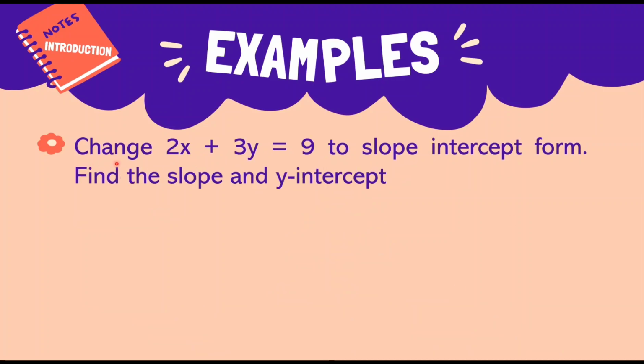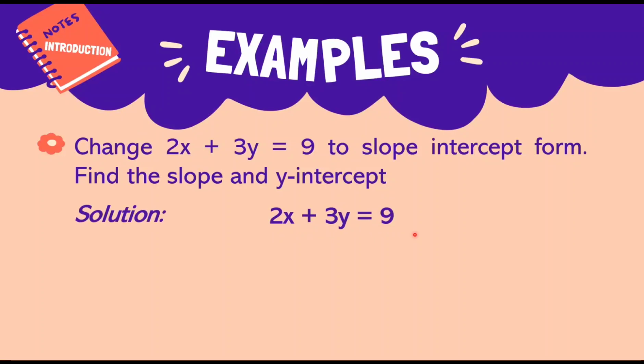Let us have the second example. We have to change 2x plus 3y is equal to 9 to slope-intercept form. And we need to determine the slope and the y-intercept. Okay, now, again, let us write our equation. So we have 2x plus 3y is equal to 9.